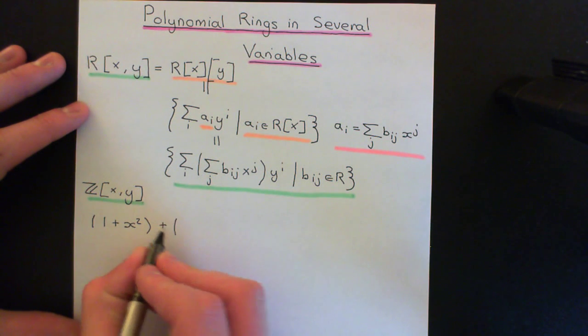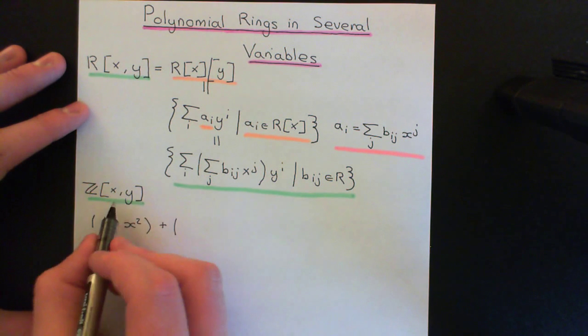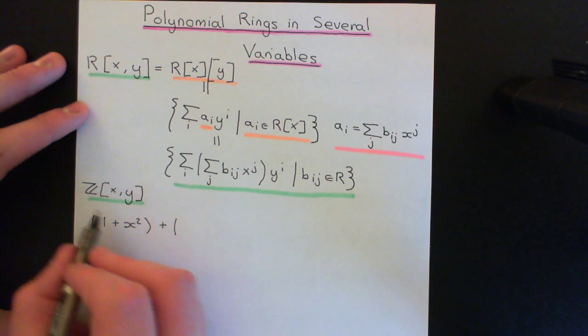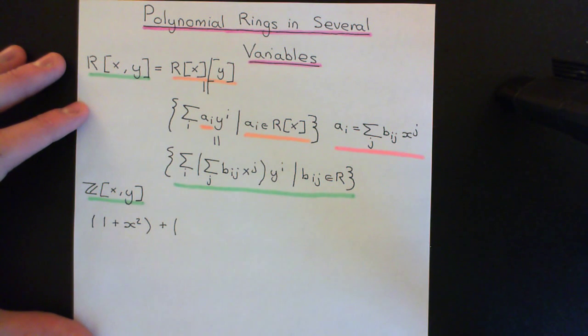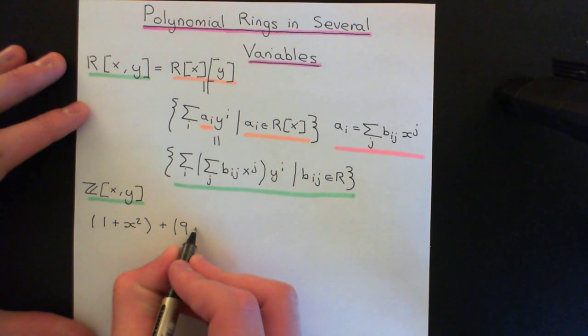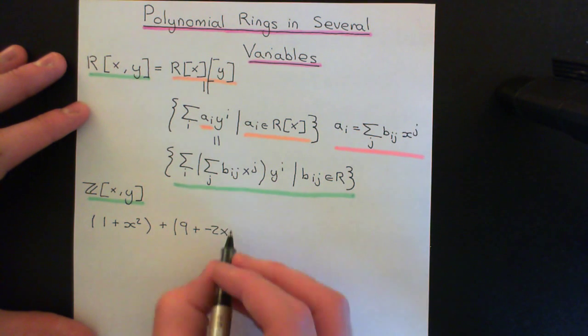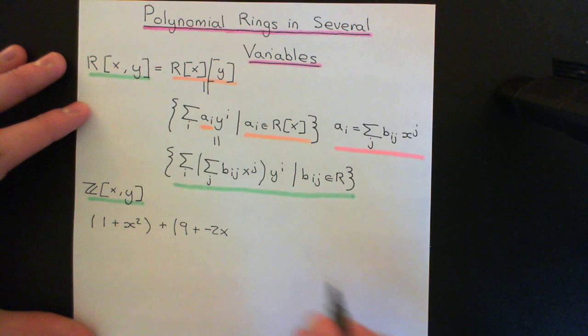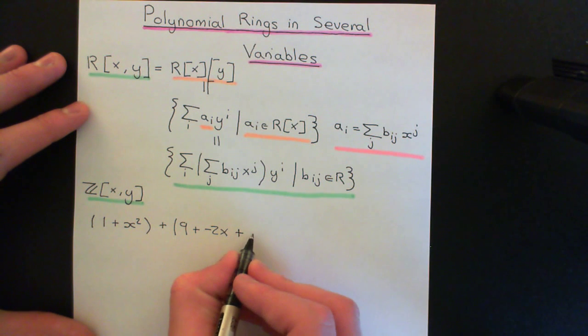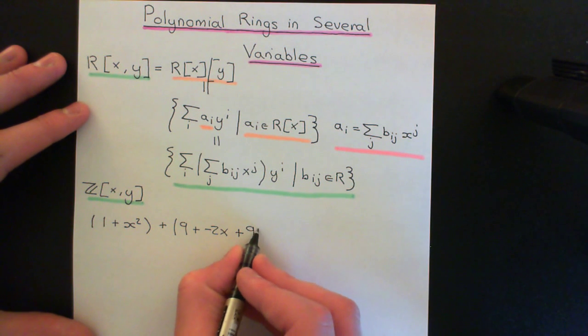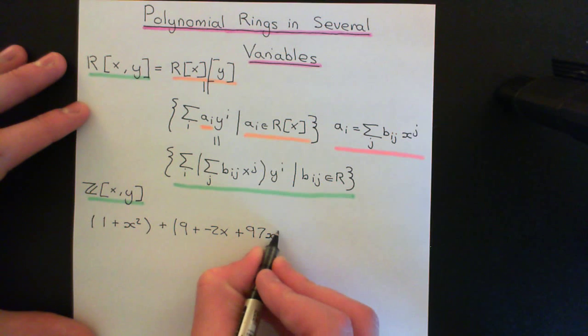And then let's have the y to the power of 1 term, and again what we'll need as its coefficient is a polynomial in the ring of polynomials in the indeterminate x over the integers. So let's make something up. Let's have 9 plus, what else can we have, negative 2x, and I'm just making this up. As long as the coefficients are in the integers, it's absolutely fine. Plus 97x squared.